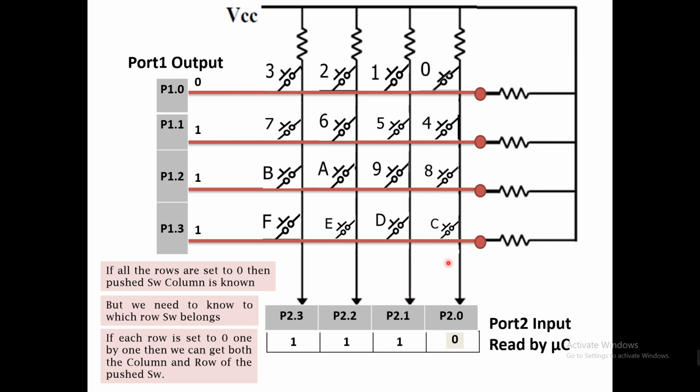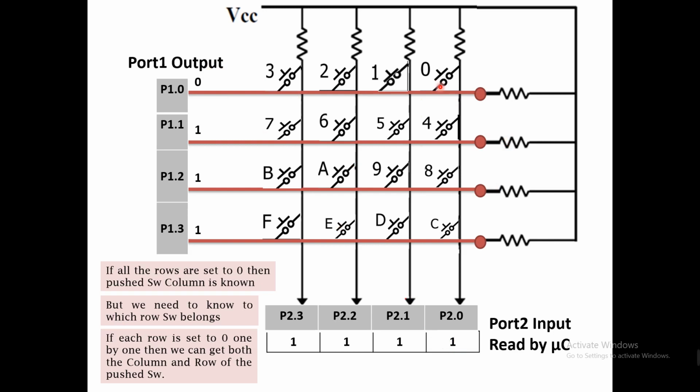But under this condition, we have only 0 value here, so this is the only switch which can provide 0 value to P2.0. So it is confirmed that under this condition, if P2.0 is 0, key 0 is pressed.